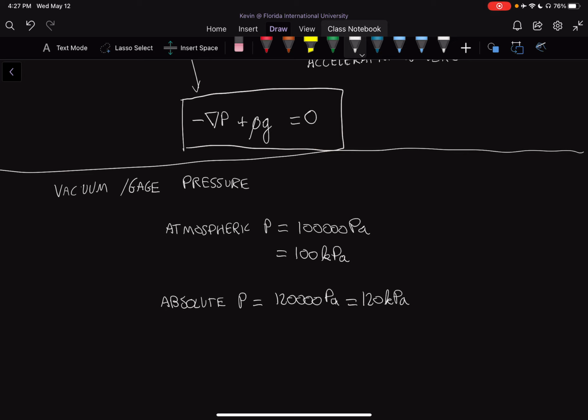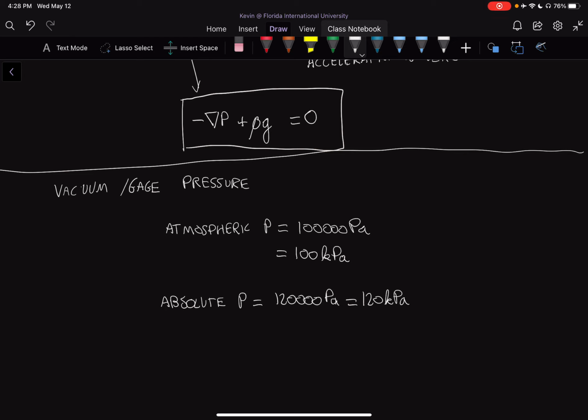So if you fill up your tires at the gas station, it will tell you that your tires are at 33 psi, or that they're at 210 kilopascals. Okay, your tires will be at 210 kilopascals. What that means is that your tire is actually at 210 kilopascals over atmospheric pressure. It's measuring relative to atmospheric pressure. And that's why it's called gauge pressure.